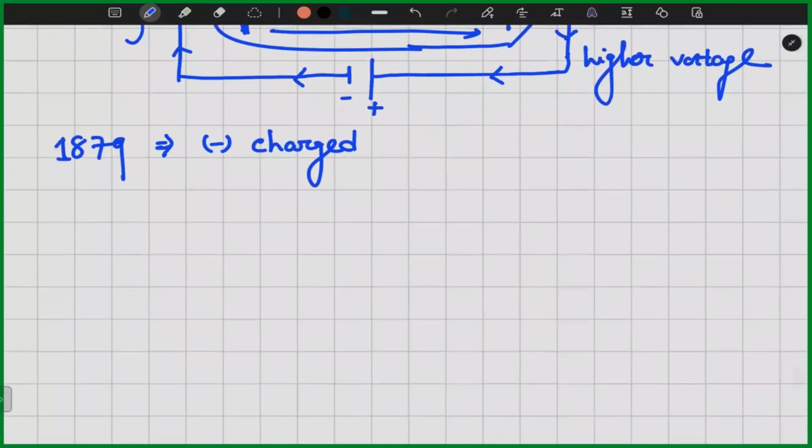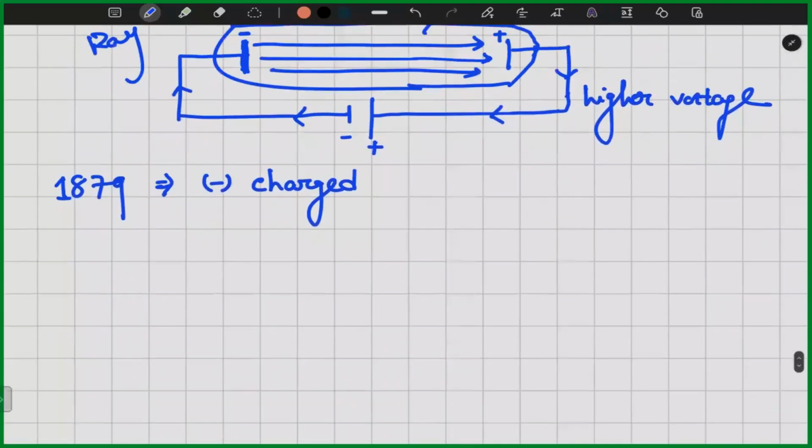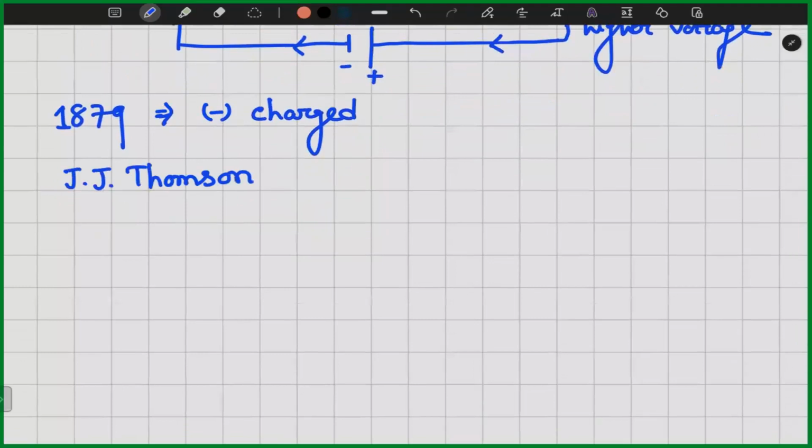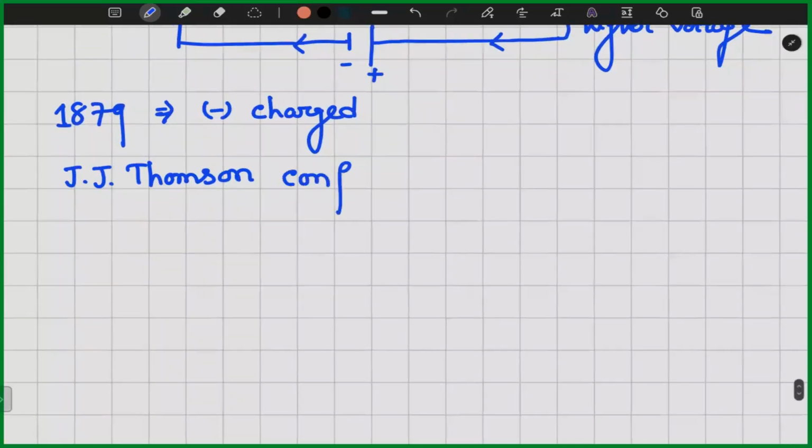This was identified in 1879. After identifying the cathode ray, J.J. Thomson, a British physicist, confirmed this hypothesis that this is a flow of negatively charged particles.